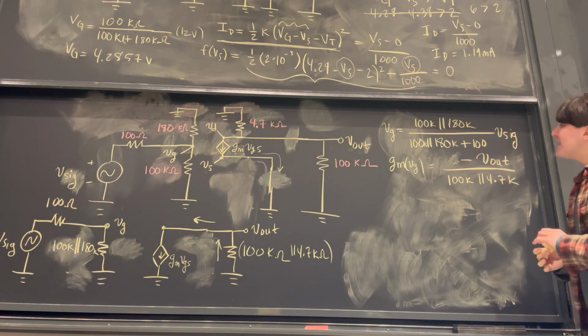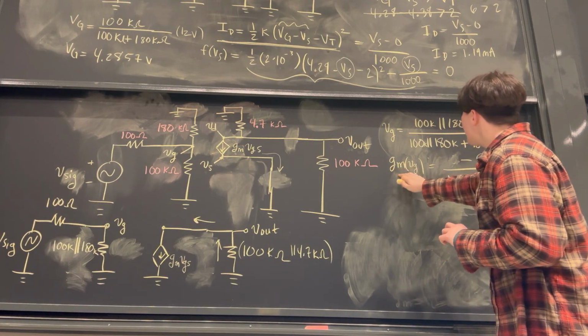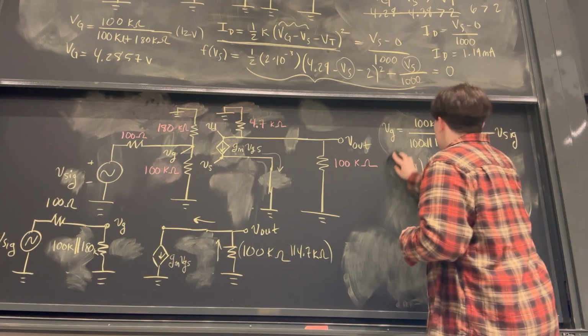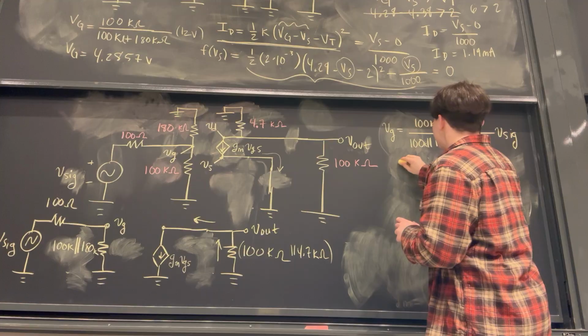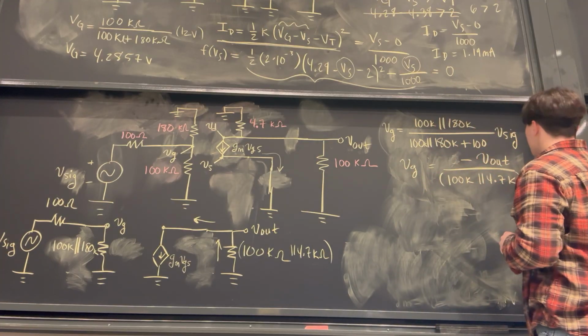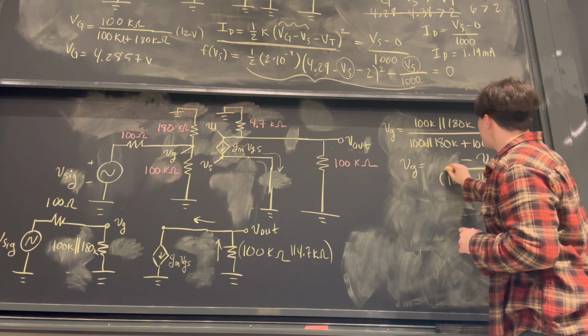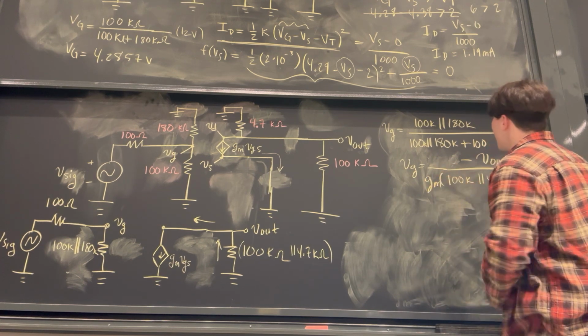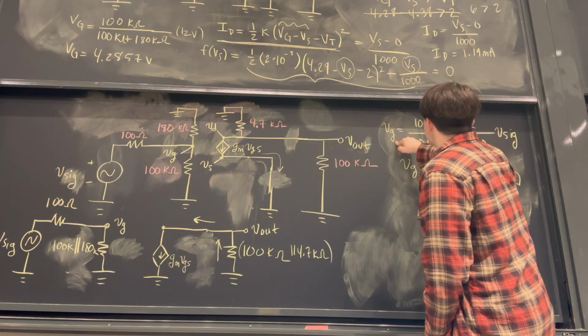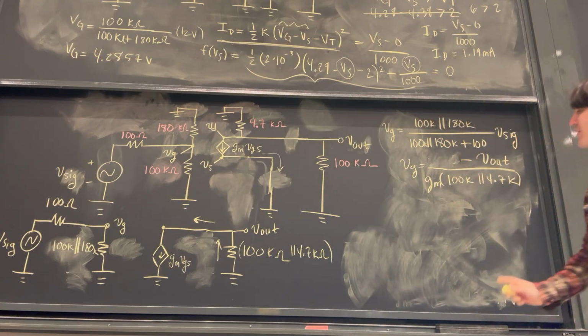Then let's go ahead and divide this equation by GM on both sides. So we get rid of the GM on that side, and we're just left with VG. And then the GM just comes down here into the denominator. So we literally just have one expression for VG and another expression for VG.